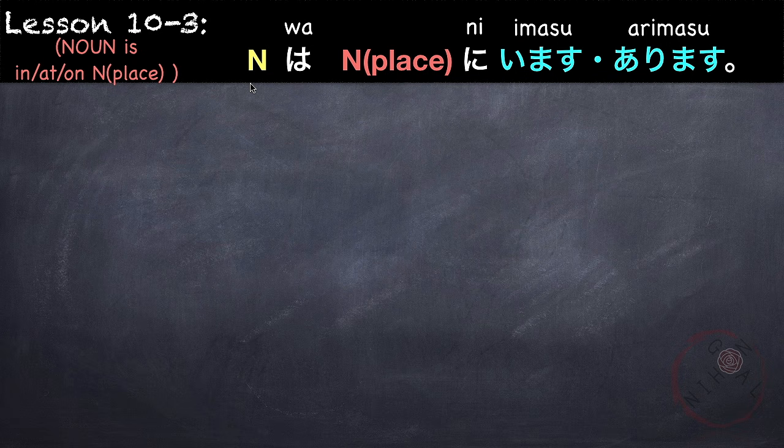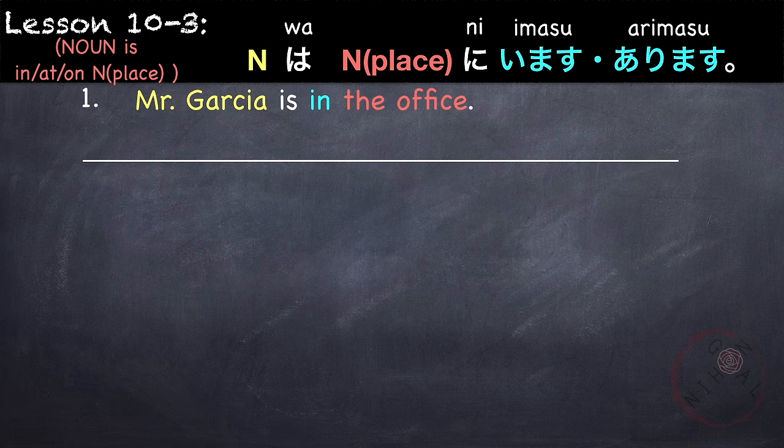The noun is the topic, or is something that both the speaker and the listener know about. So noun wa is followed by our predicate, which is place ni imasu or arimasu, which explains the location of our topic. For example, Mr. Garcia is in the office.